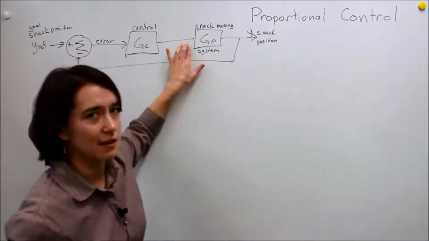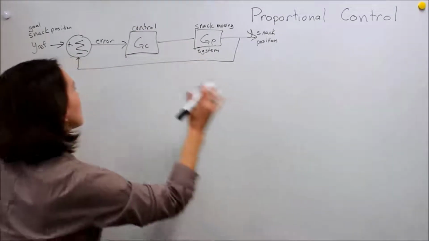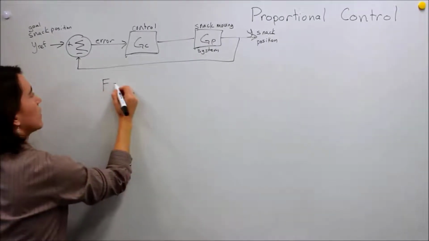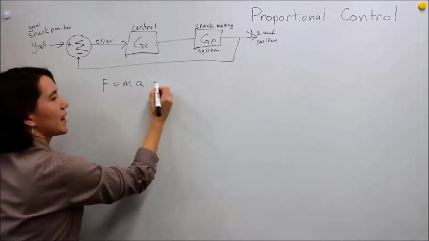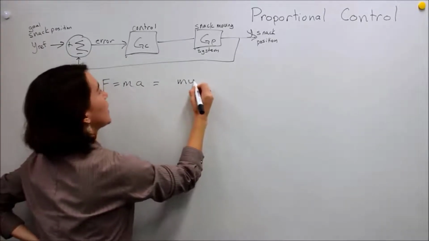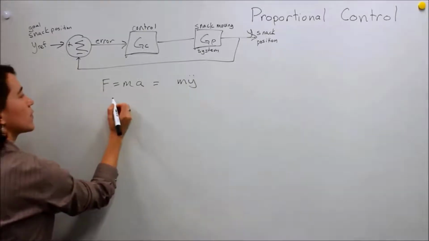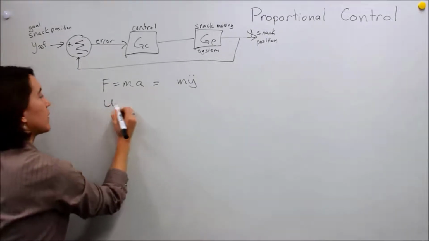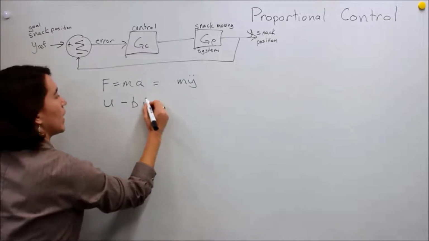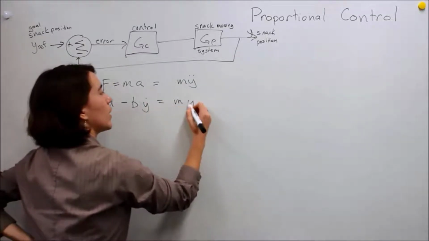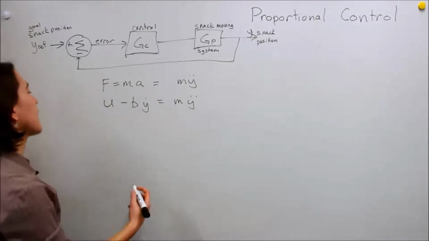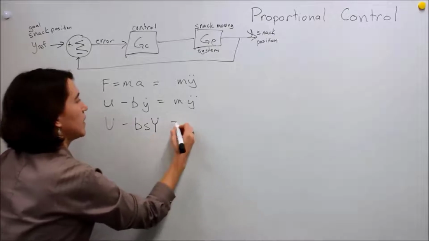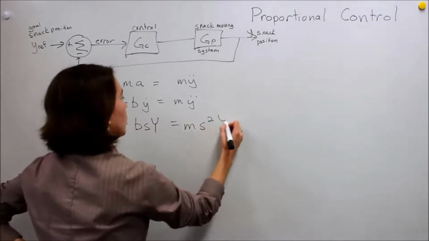First, let's look at the system, because we just described it. So our snack moving system, F equals ma. I'm going to do this quickly because I think everybody knows how to do it very well already. Our forces here were equal to u, the input, minus b y dot equals m y double dot. Take the Laplace transform of that. U minus b s y equals m s squared y.